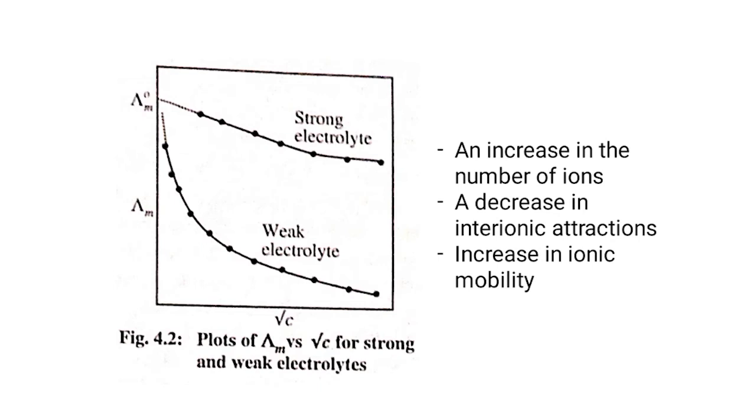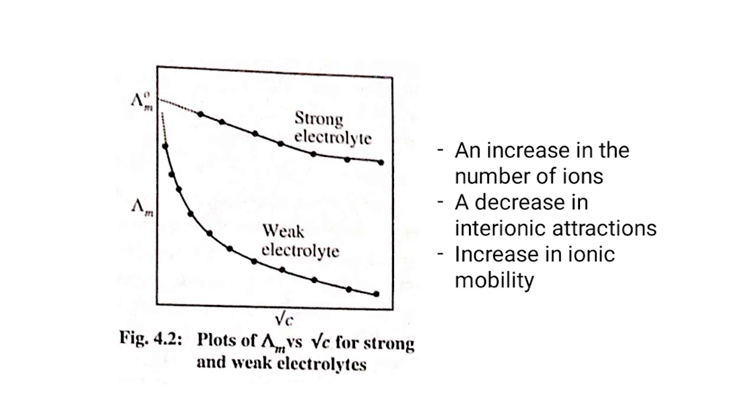So for that type of electrolyte, A is a constant. For 2,1 electrolyte, for example CaCl2, calcium chloride, we have the ions Ca2 plus and Cl minus. For that particular type of electrolyte, the A is a constant, like that.